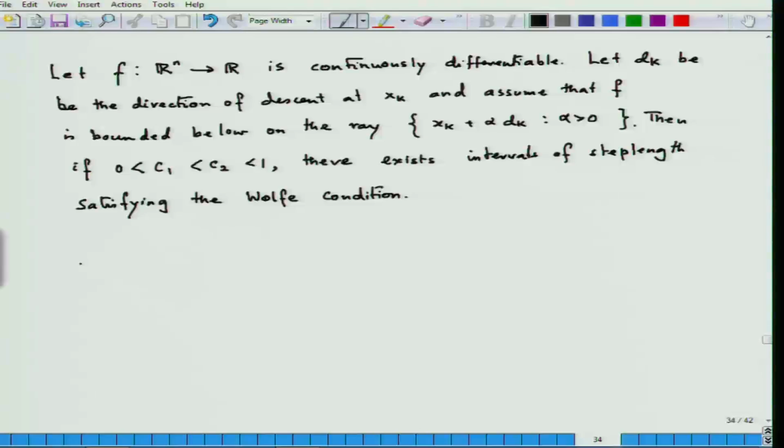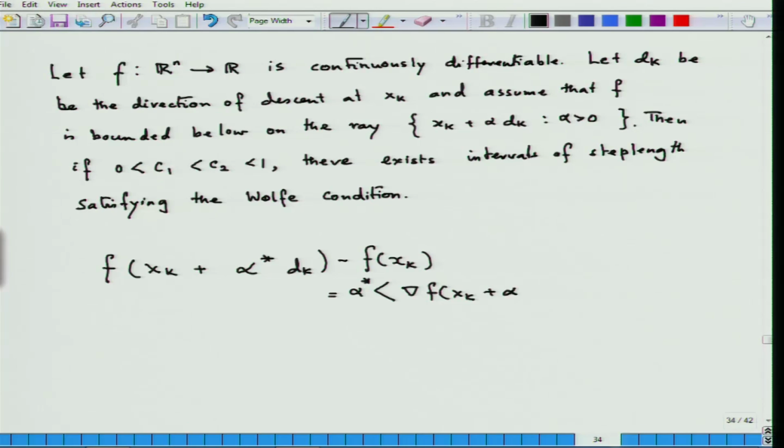Now you have got this alpha star, so let us use the mean value theorem: f of xk plus alpha star dk minus f of xk is equal to alpha star times grad f of xk plus some alpha double dash dk, where this point lies in the interior of the line segment joining these two points.